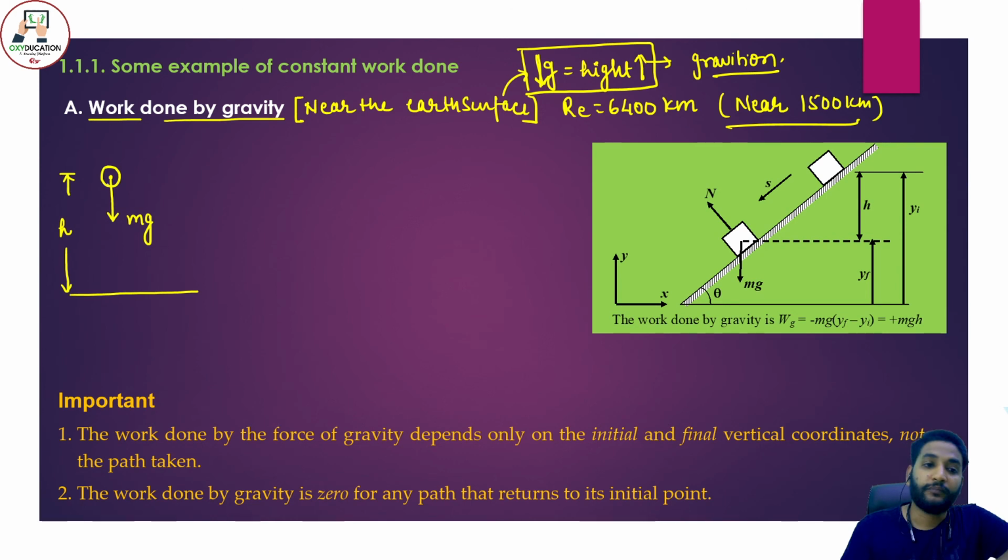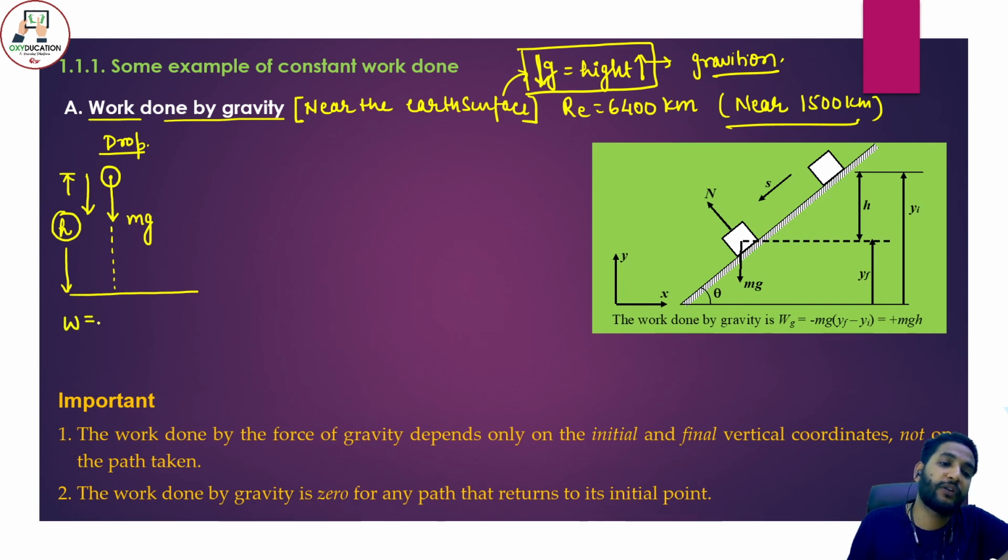Now if we drop this object here, okay, and if we drop it, then the body will free fall in downward direction. And when it will free fall, it will fall through a distance of h. Okay, so what is the direction of displacement? Vertically downward. What is the direction of force? Vertically downward.